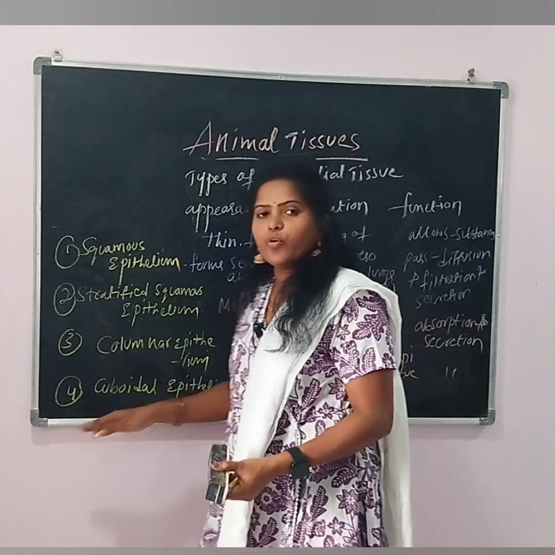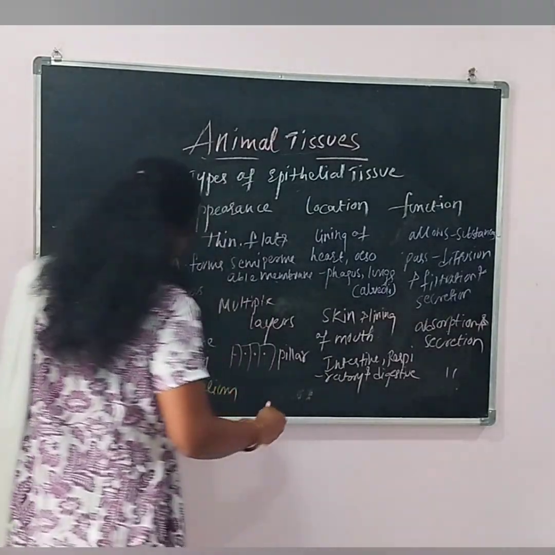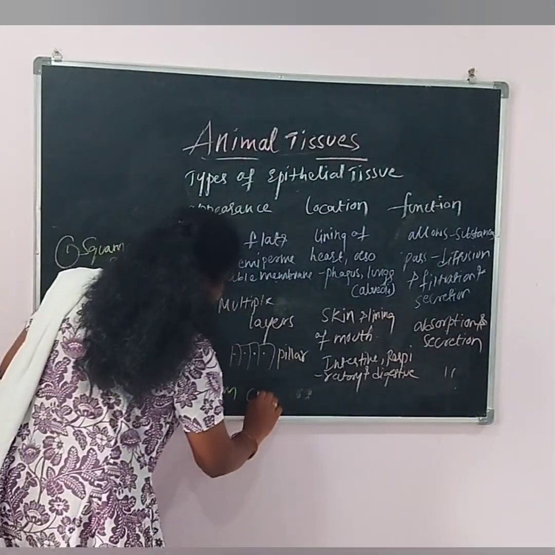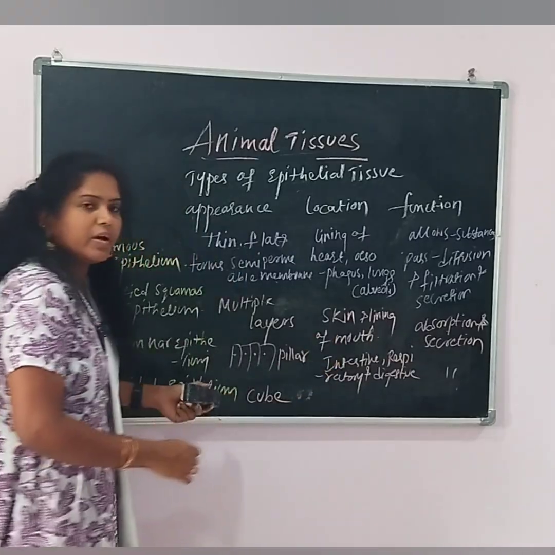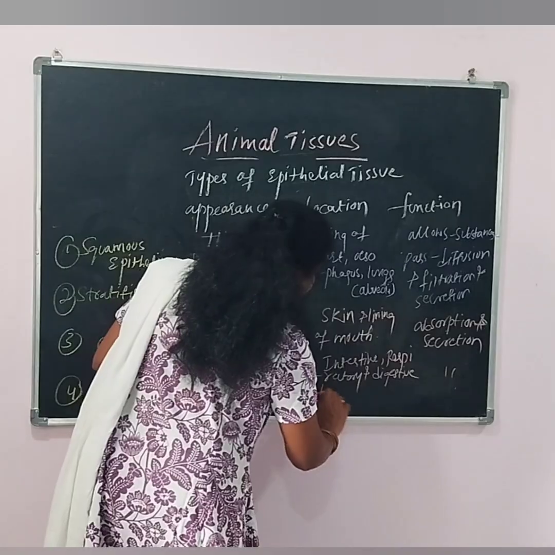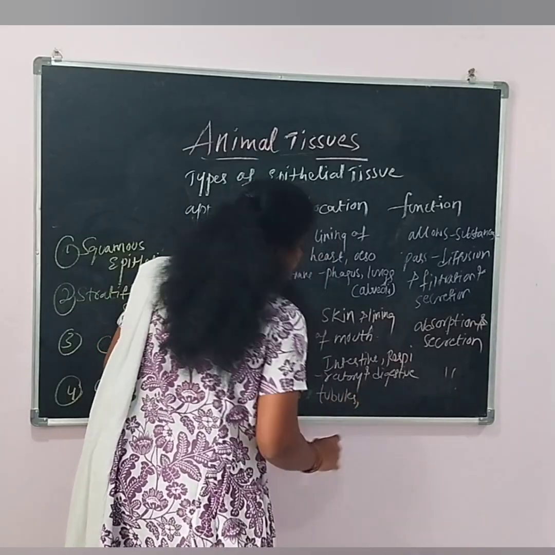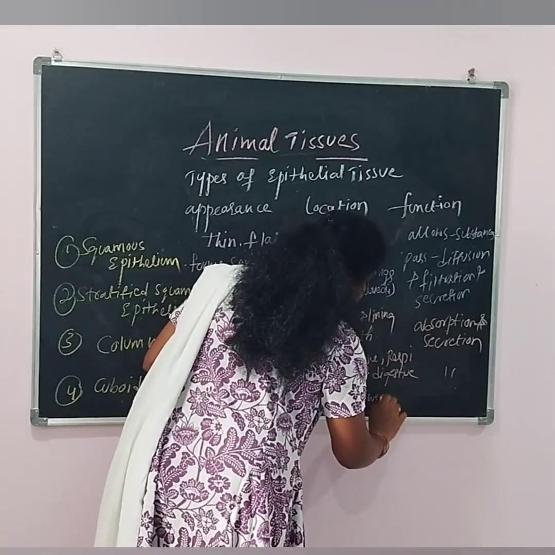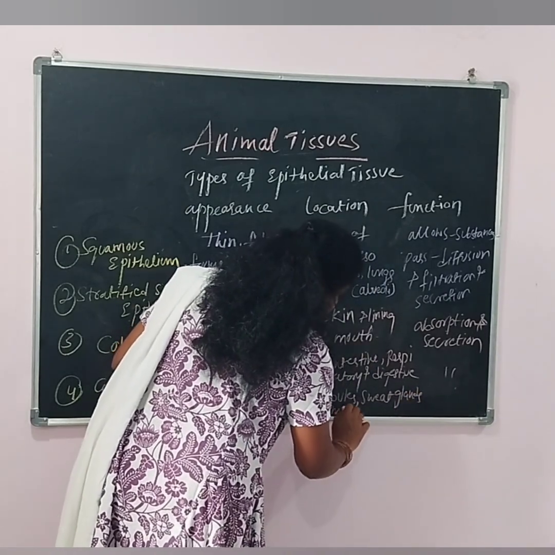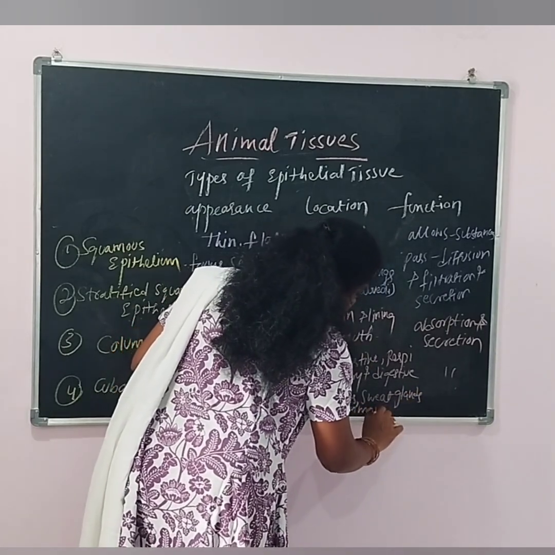And next, cuboidal epithelium. This cuboidal epithelium is simple, cube in shape. And where can we find it? Tubules, sweat glands, and mammary glands.